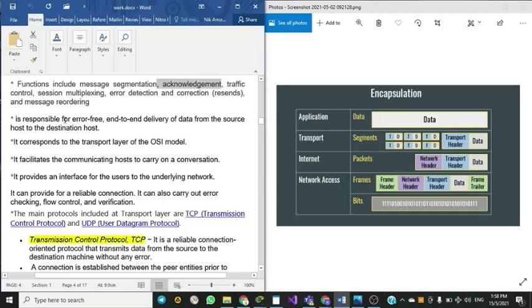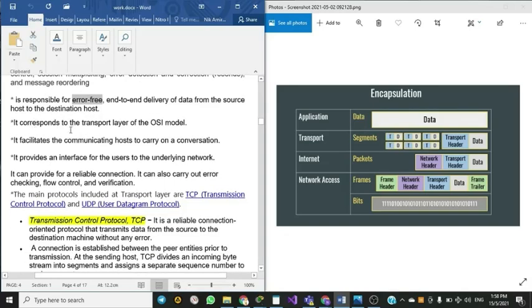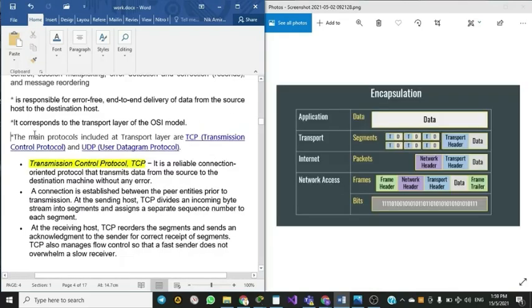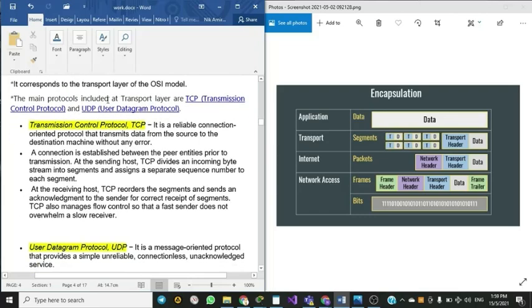It is responsible for error-free end-to-end delivery of data from the source host to the destination host. It corresponds to the transport layer of the OSI model. The main protocols included in the transport layer are TCP, which stands for Transmission Control Protocol, and UDP, User Datagram Protocol.